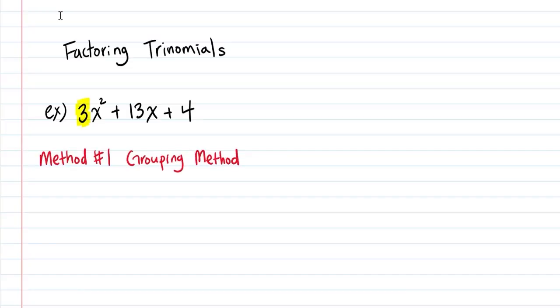First step, we're going to find the product using the first number and the last number. We're going to call that product: 3 times 4, which is 12.